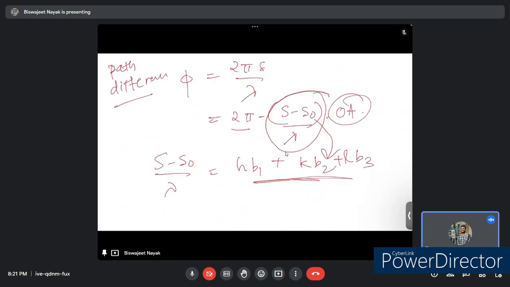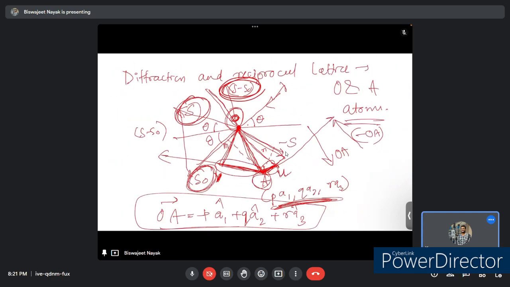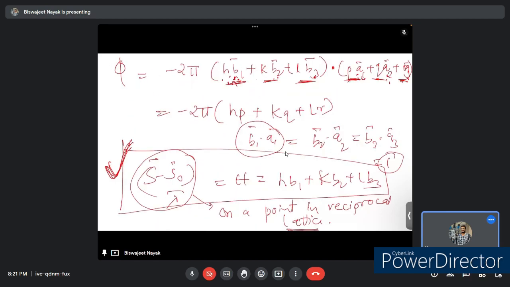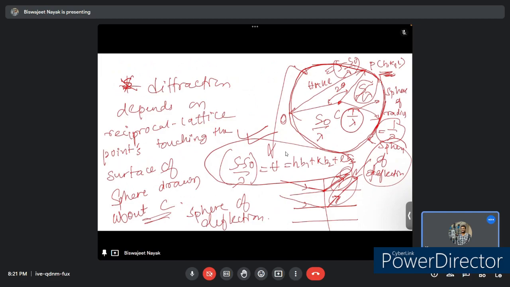And again, to derive the Bragg law from the same equation, like in the previous drawing we can see here, this is the S vector, this is the S0 vector, and it is bisected by this S minus S0.